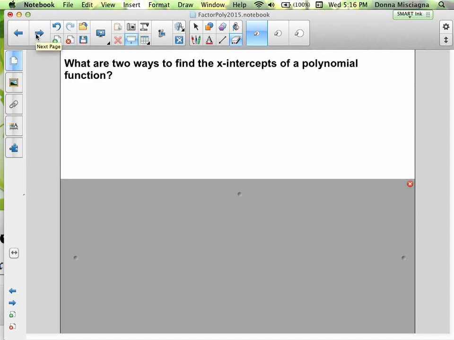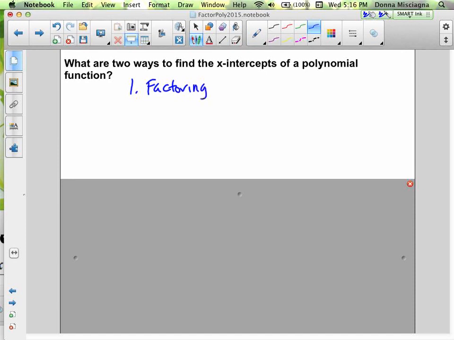All right, so what are two ways to find the x-intercepts of a polynomial function? All right, we learned two different ways. One of those was factoring out the greatest common factor, okay? And then we factored the remaining quadratic.